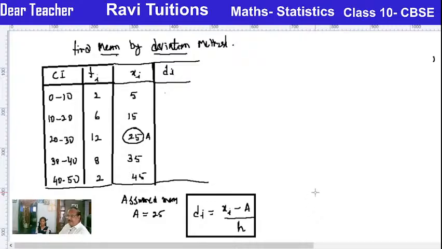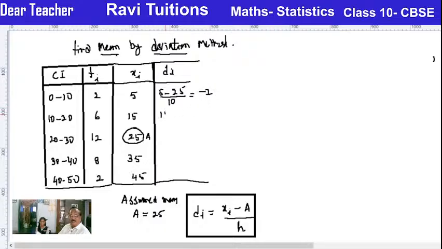So let us start. xi 5 minus a 25, divided by the size of the class h, which is 10. So 5 minus 25 is minus 20, minus 20 by 10 is minus 2.